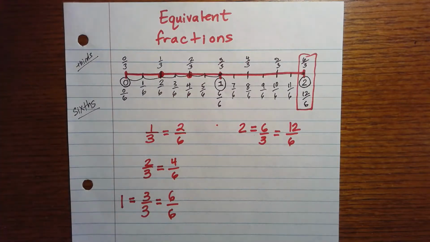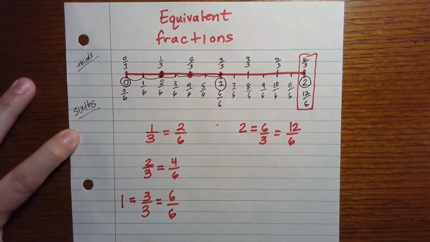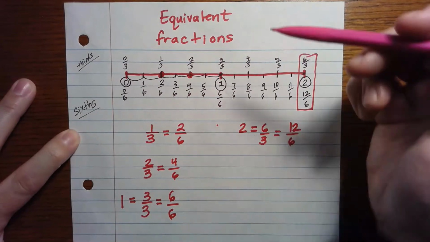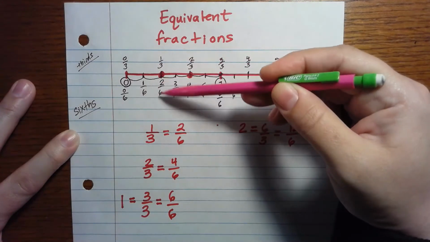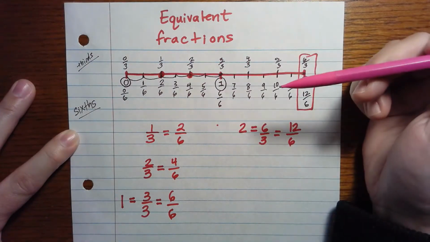Hi kids, today I'm going to talk to you about more ways to find equivalent fractions. Now yesterday I talked to you about the number line and how a carefully built number line is a good way to see where fractions live at the same point on the number line.